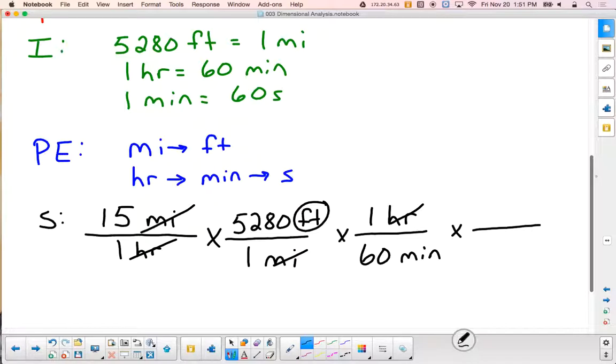And I want to get rid of minutes. They're in the denominator here. Let's put minutes in the numerator in the next step. Minutes cancel. There's the seconds I was looking for. So feet per second. Now I'm going to do 15 times 5,280, divide by 60, divide by 60.